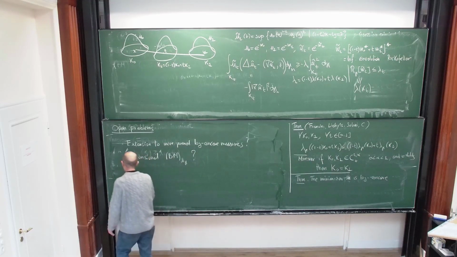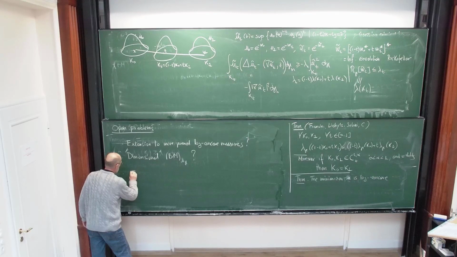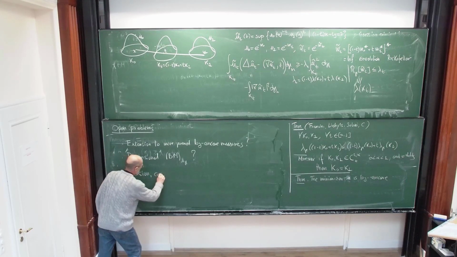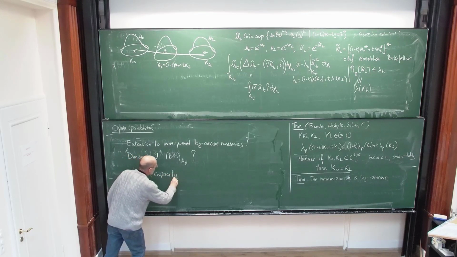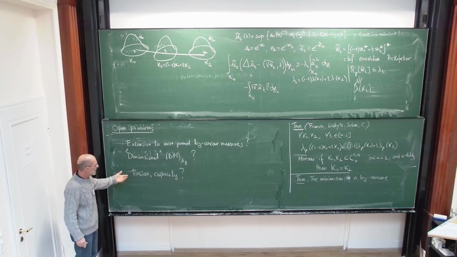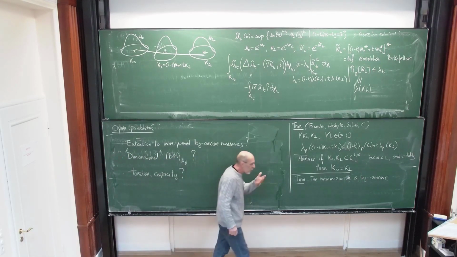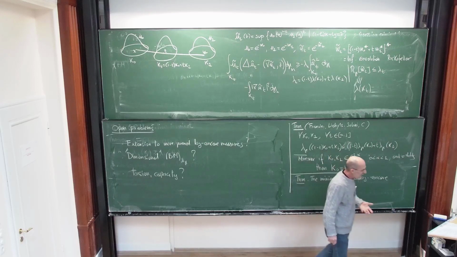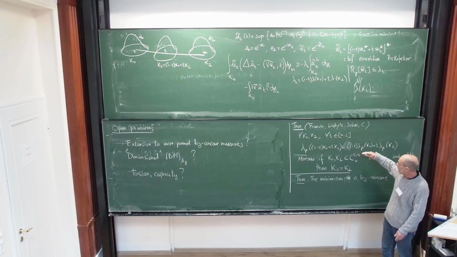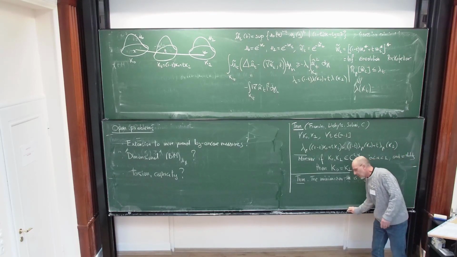And the third is what about the torsion and the capacity. So the other two examples, which are very well known in the Lebesgue setting, for which there is an isoperimetric inequality also in the Gaussian setting, but for which we are not able to establish exactly the same result as here. Thank you very much.